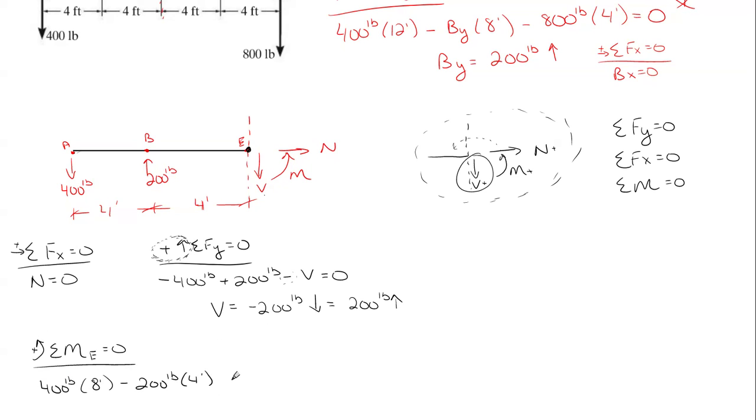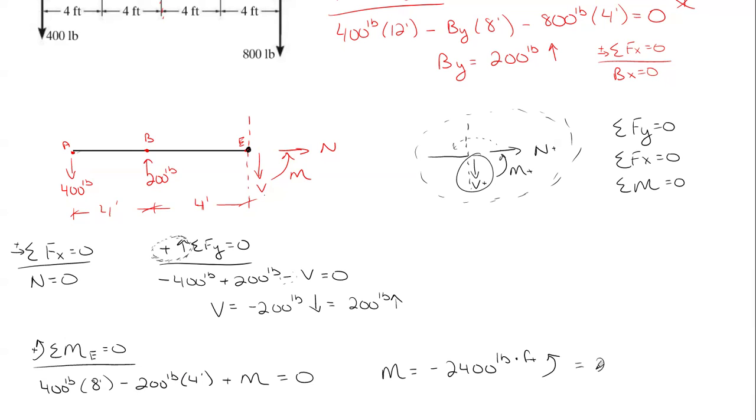It doesn't need a distance, so we're going to include it. And it is rotating counterclockwise, so it's positive in this equation, equal to 0. So M is my only unknown. And once I solve for it, I get a minus 2,400 pound feet of moment rotating counterclockwise.